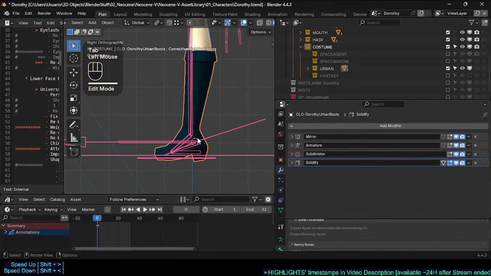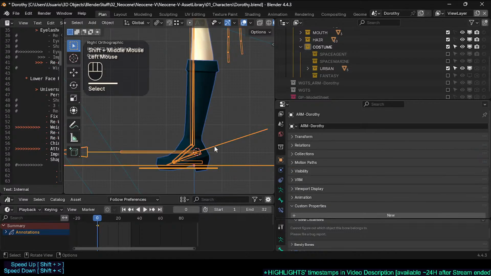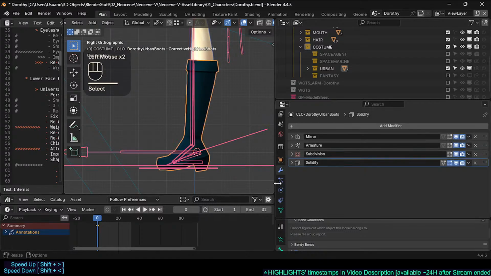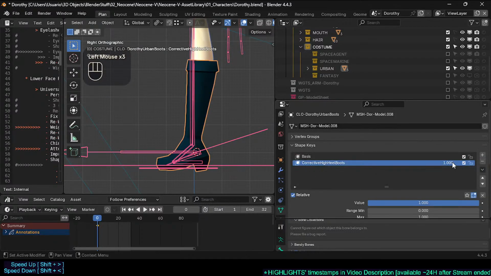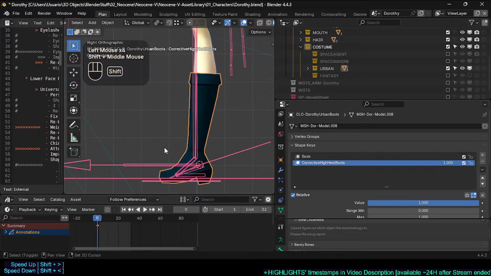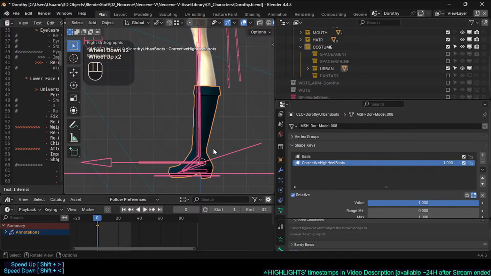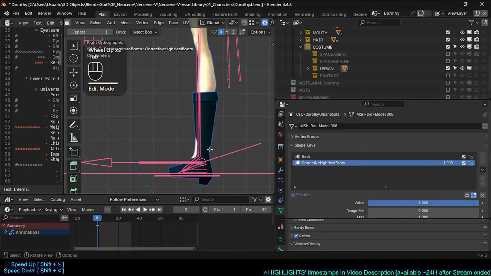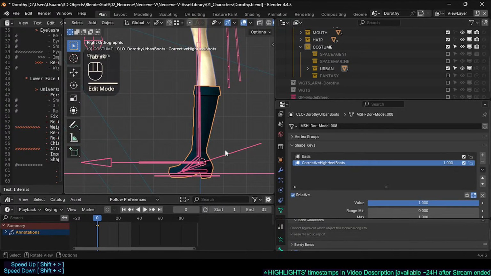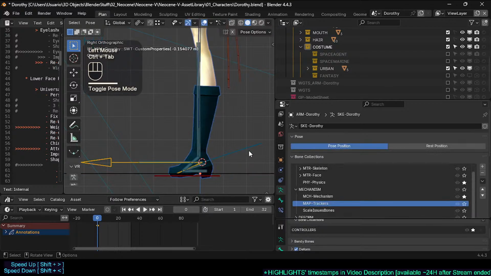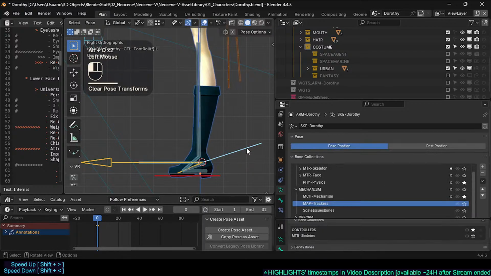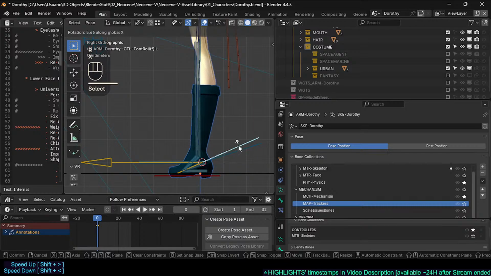Alright, so this will be weird, right? Maybe it's something about the rig. Maybe it's something about the weights.